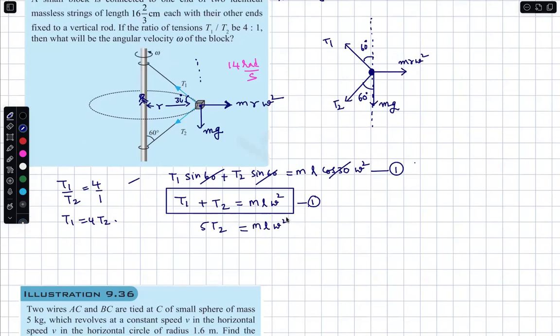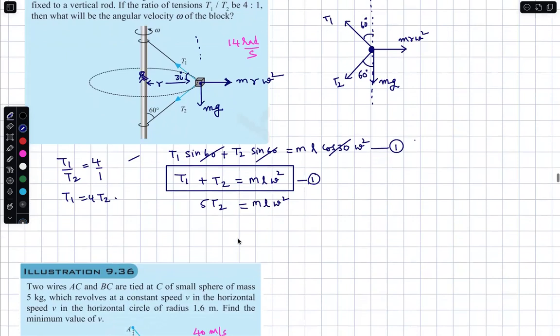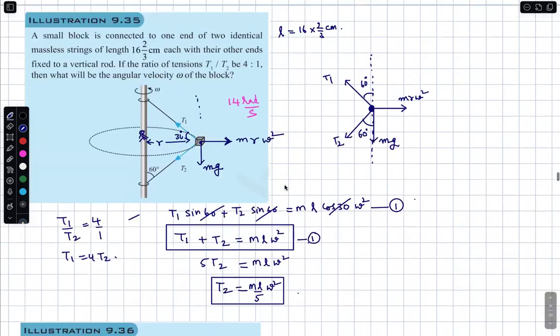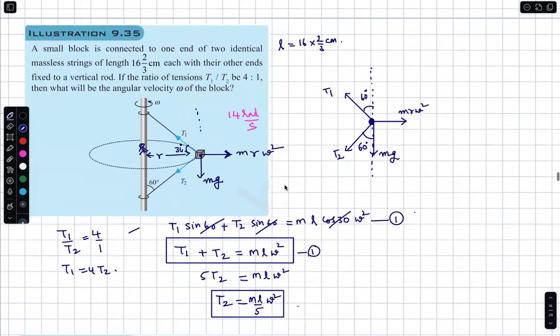I got only T2 here, not more than this. So T2 can be written as m l omega square by 5. If I know T2, I know T1 also. But they want omega. Don't forget that.